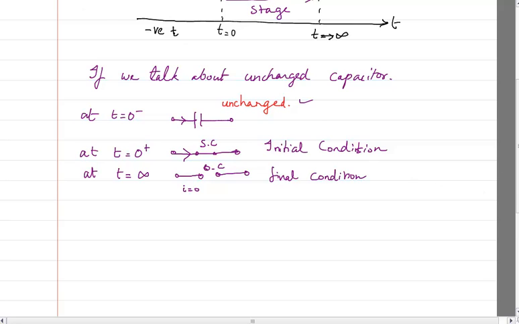Now, this was when we were talking about an uncharged capacitor.